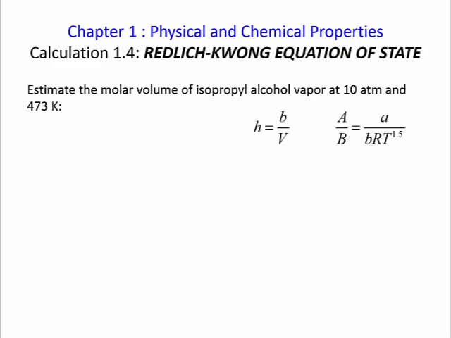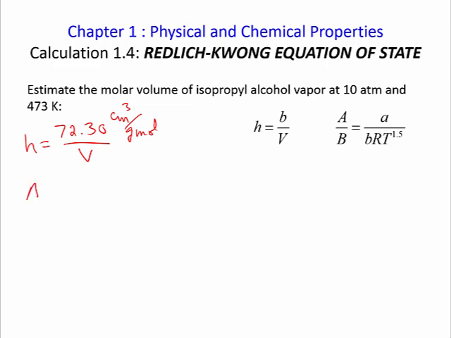We can calculate values for H. H would be equal to B, which we calculated earlier as 72.30, over V, and you recall that 72.3 had the units of centimeter cube per gram mole. That is the same units as V.